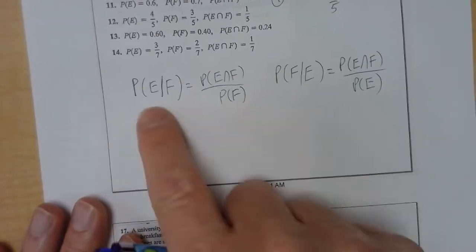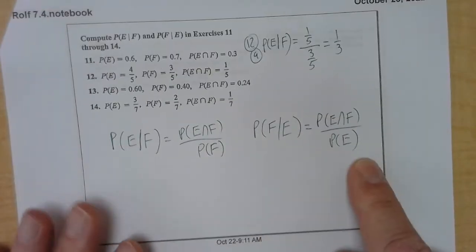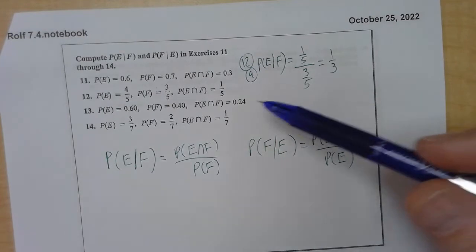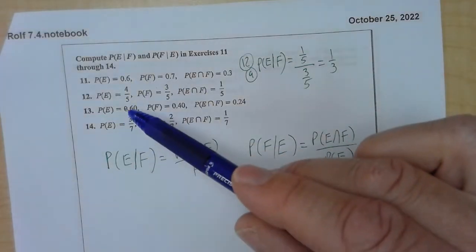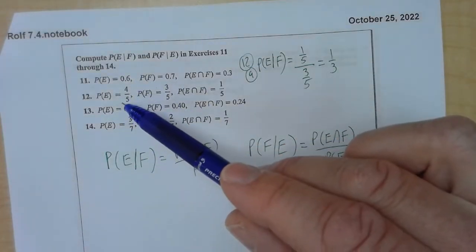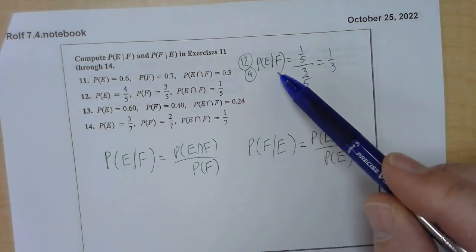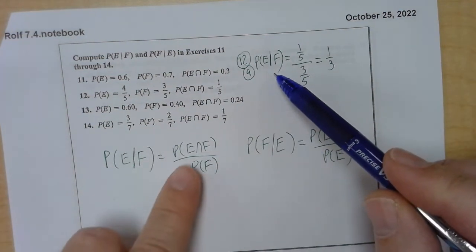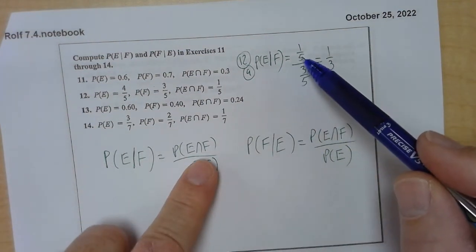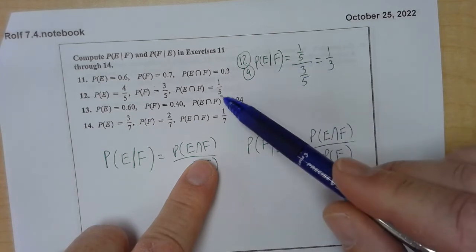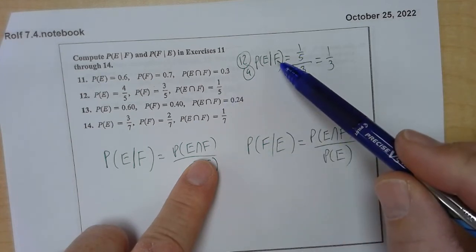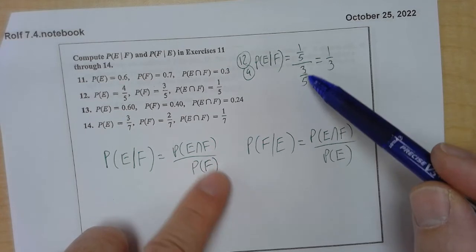All right, let's look at number 12 next. So I have the two formulas here. I'm doing 12, which is not part of the assignment, so this is like an example. It asks us to find the probability of E given F. The probability of E given F is the intersection probability, which is 1/5, divided by the probability of F, which is 3/5.